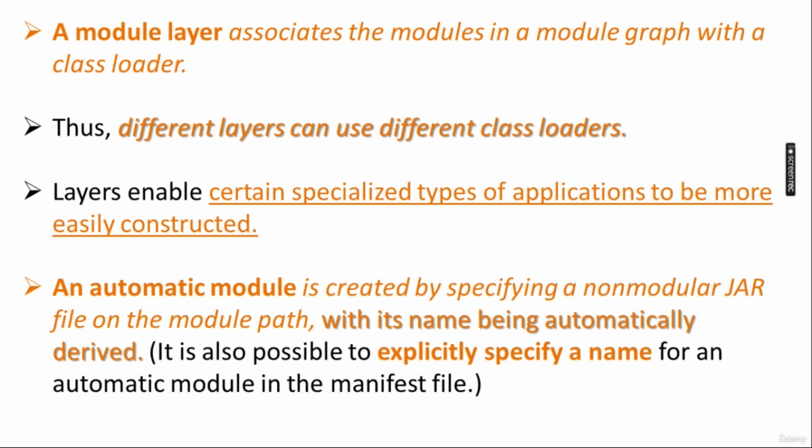An automatic module is created by specifying a non-modular jar file on the module path. So what is an automatic module? It is created by specifying a non-modular jar file on the module path, with its name being automatically derived.